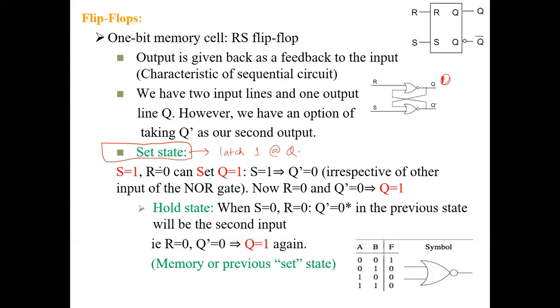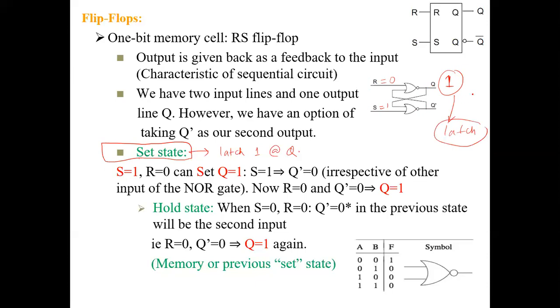In that case, if you want to set 1, then what you do is you choose S equals 1 and R equals 0. If you choose S equals 1 and R equals 0, you can set 1 here. And then after, you can latch.